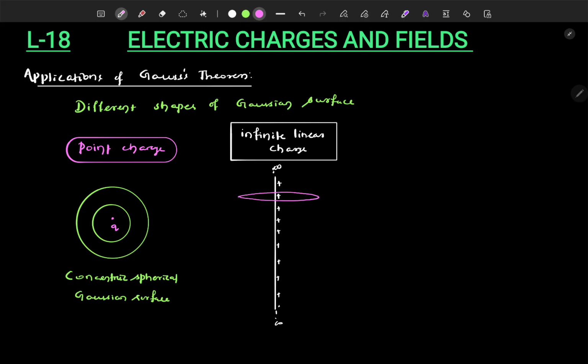So here we can say coaxial cylindrical Gaussian surface.